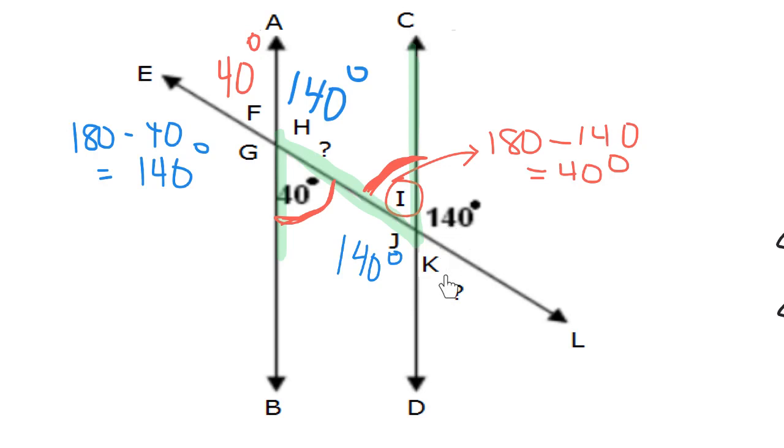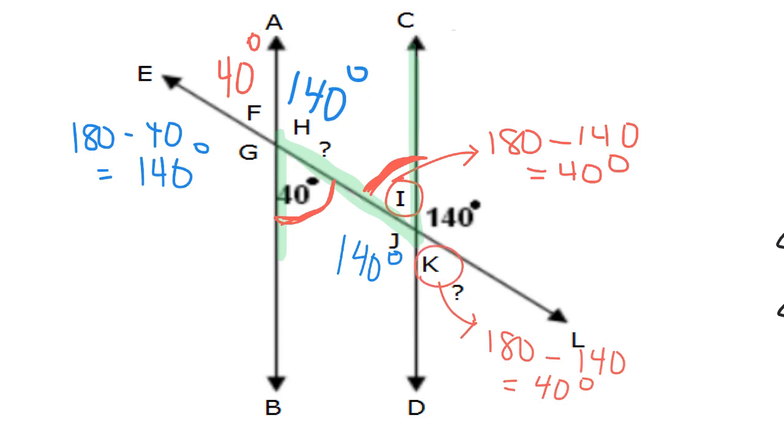It is directly beside angle K. These two angles are on this straight line segment, CD. So again, these two angles have to add up to 180 degrees. So knowing that, I can say that 180 minus 140 is 40 degrees. So angle K is going to be 40 degrees.